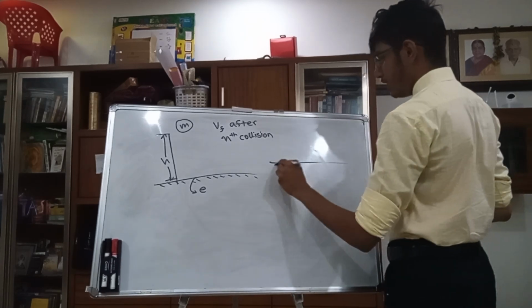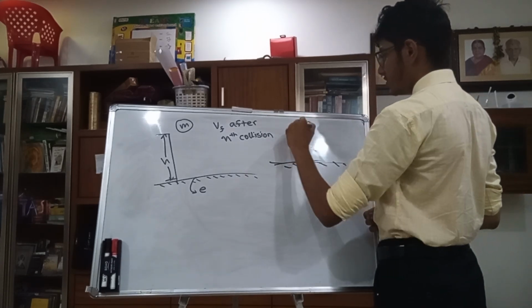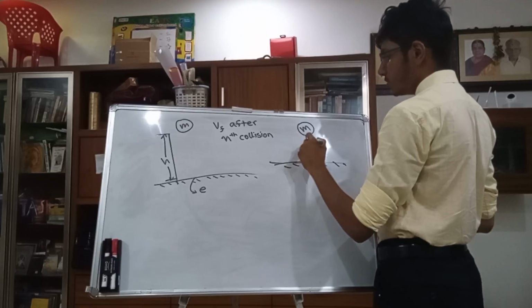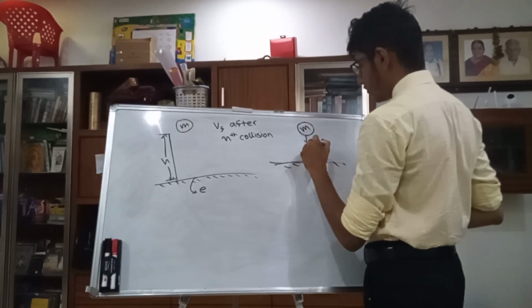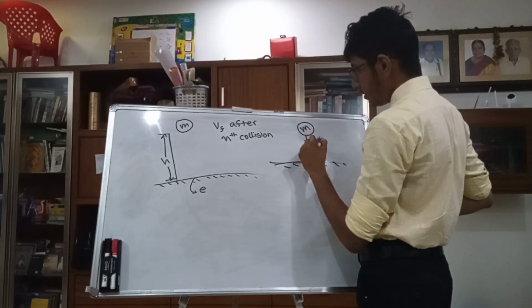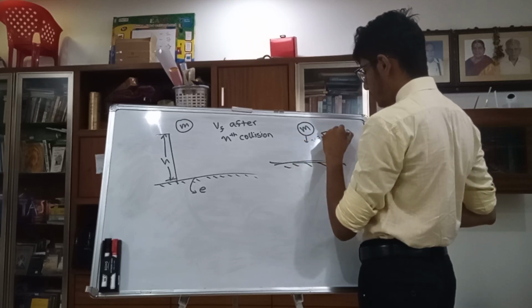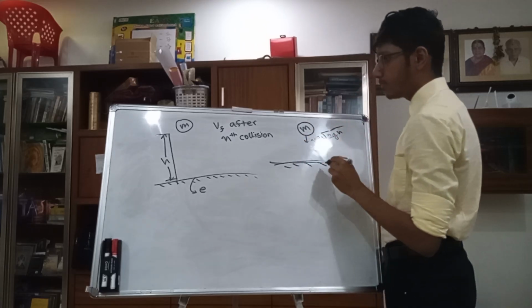Now can I tell that this particle is over here, and now I'm going to drop it. So it's initially going to go with the speed of u. What is the value of u? Root under 2gh, from the kinematics chapter. Fine.